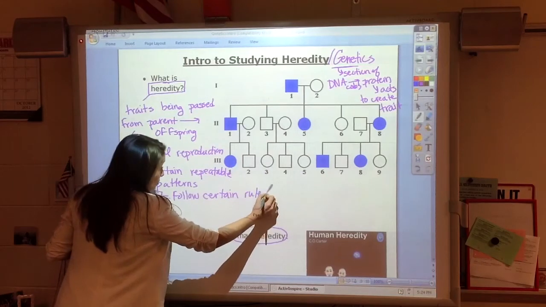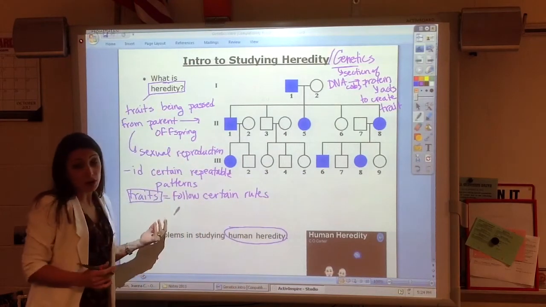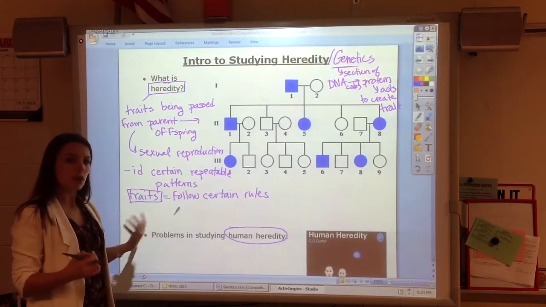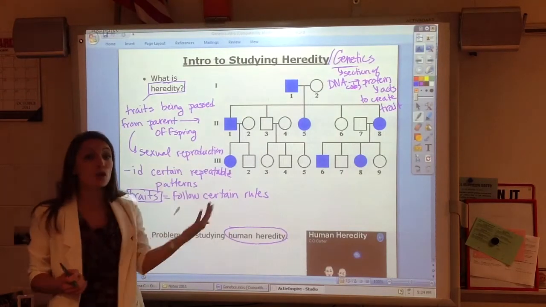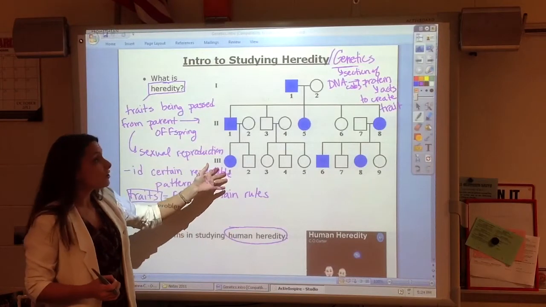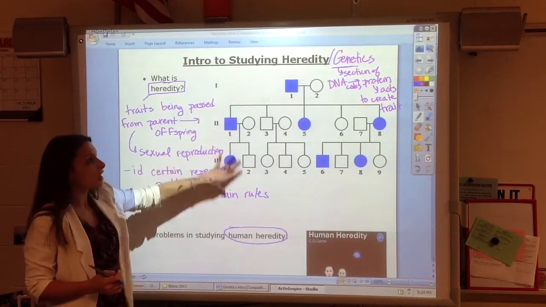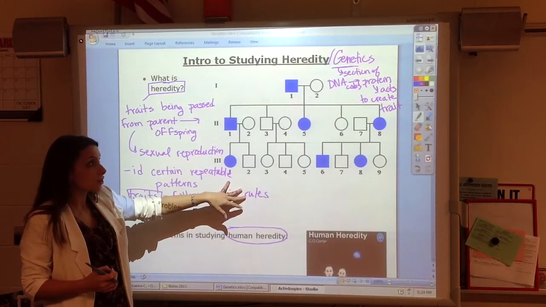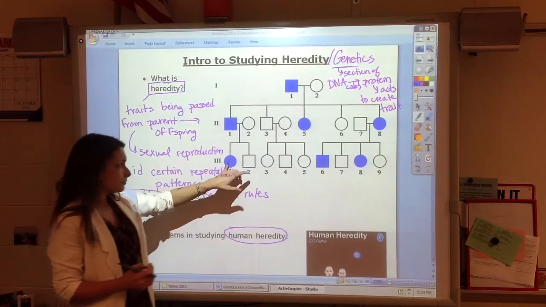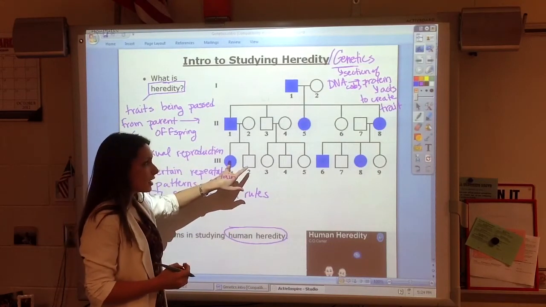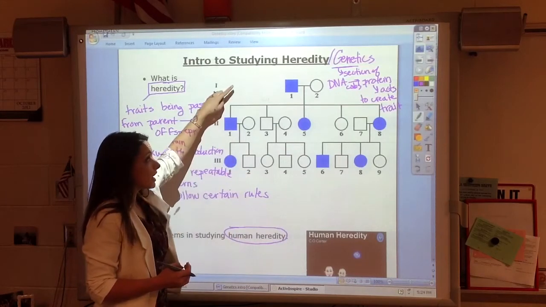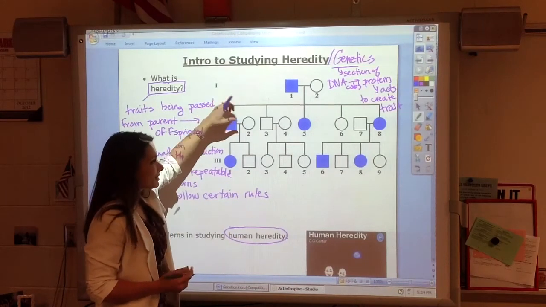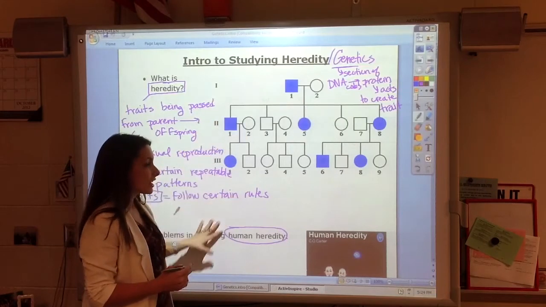Of course, some traits we're not even sure are entirely genetic. So when you looked up nature versus nurture, you saw that some traits are purely genetic. So for example, this is looking at the inheritance of a trait that is going to be a trait that is actually dominant.